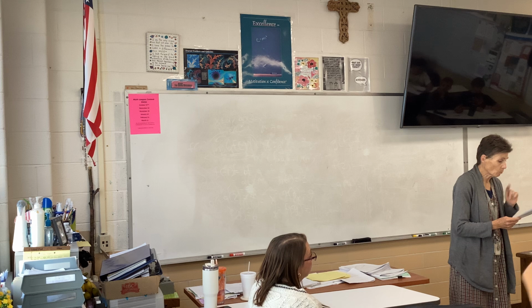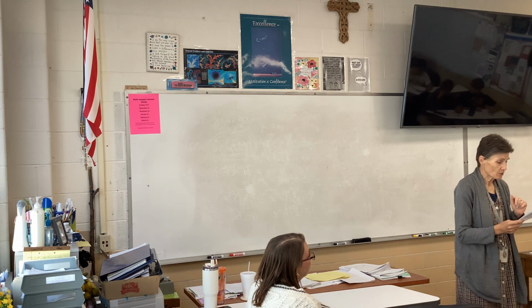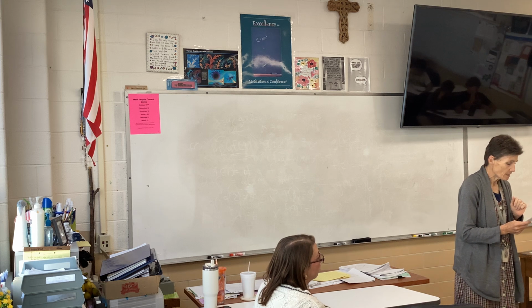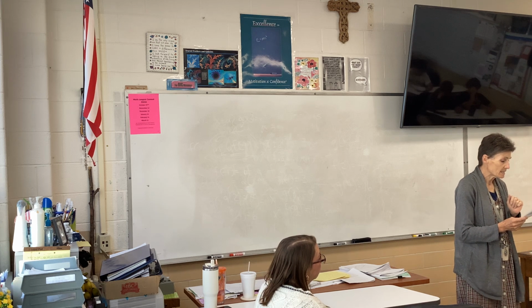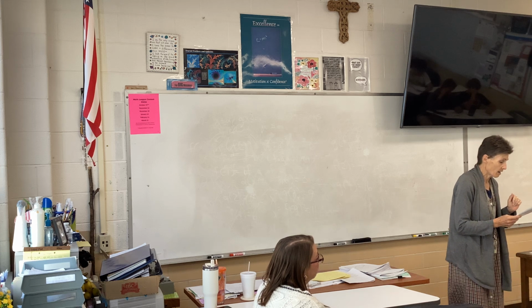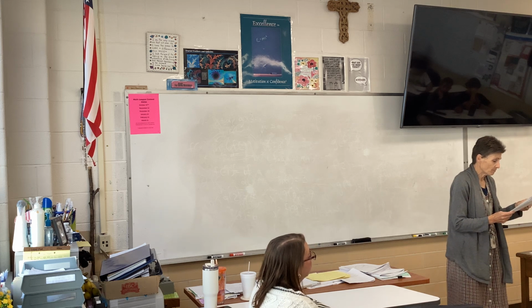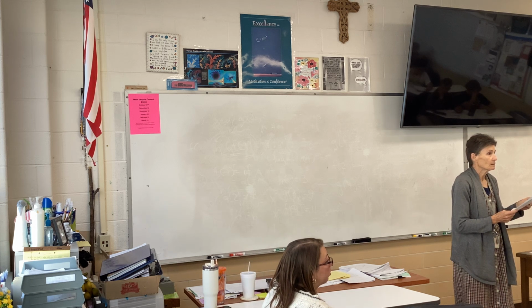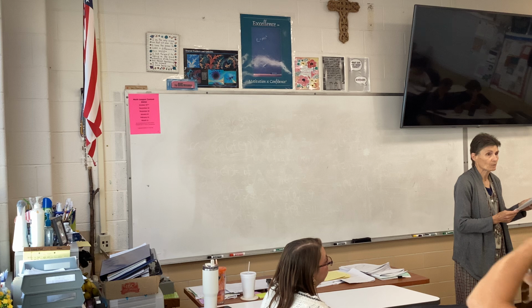So here we go. Number one, the quadratic function is shown. Find the average rate of change of f on each of the following intervals. Well, let's divide and conquer a little bit. We all know how to find the average rate of change, right? And we know how to use the correct notation.